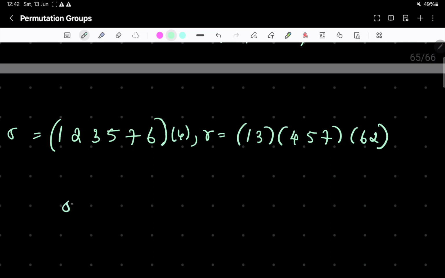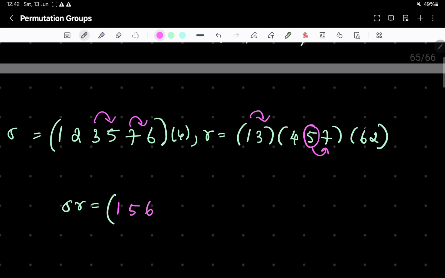How do you multiply? So start from here. Listen carefully. 1 goes to 3. So 1 you start. Now 3 goes to 5. So you write 5 here. 5 ends up here. Start from 5 here. 5 goes to 7. 7 goes to 6.